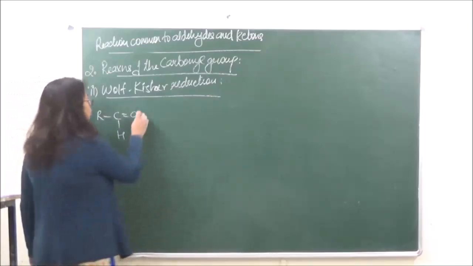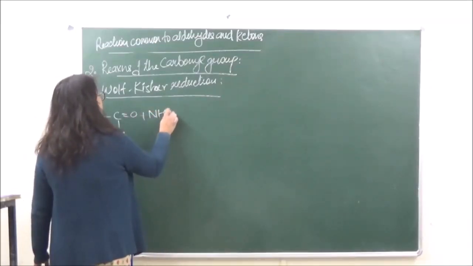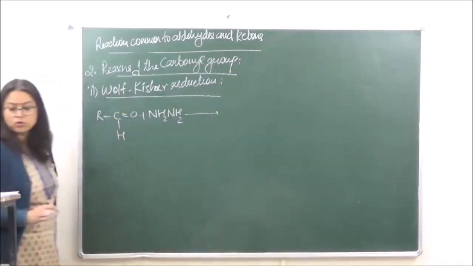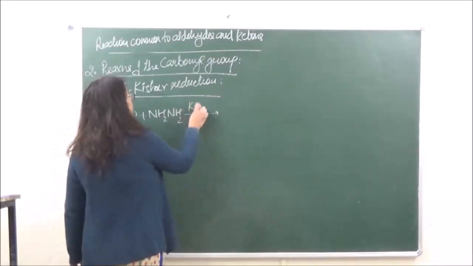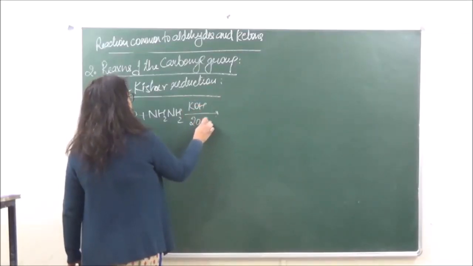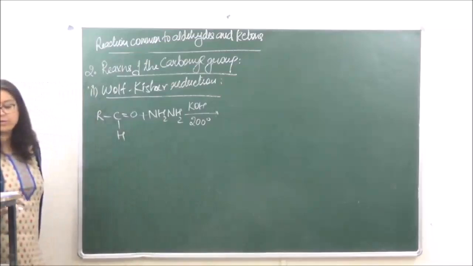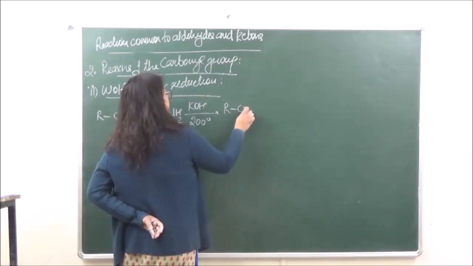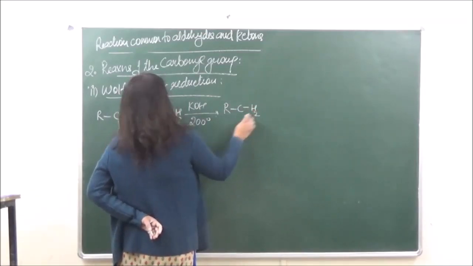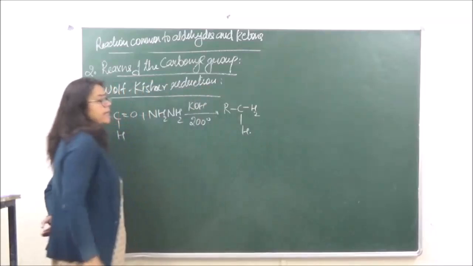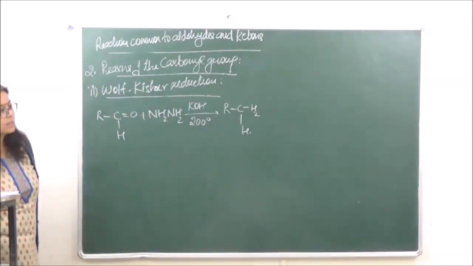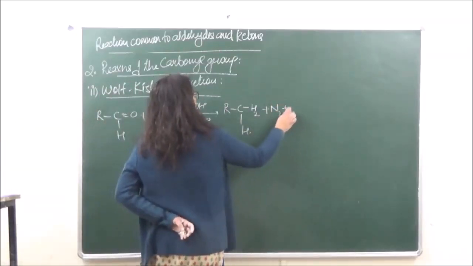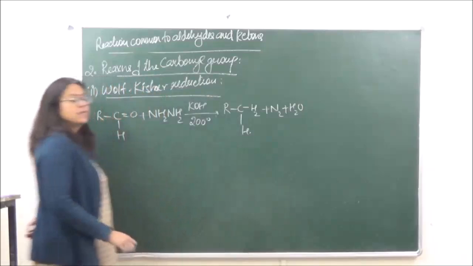So C double bond O is going to be reduced in presence of KOH at 200 degrees centigrade. C double bond O is going to get reduced to the CH2 group. So what are we going to get over here? R-C-H, so we're getting the hydrocarbon, and along with this you will get nitrogen plus H2O.